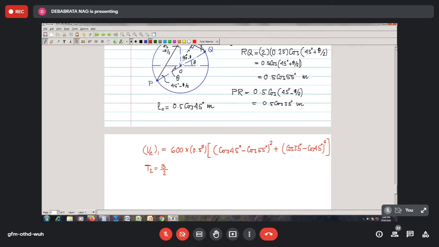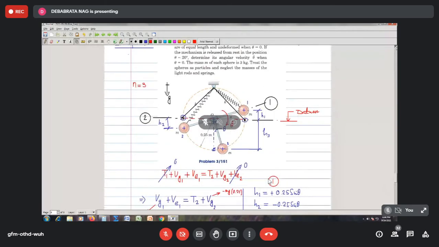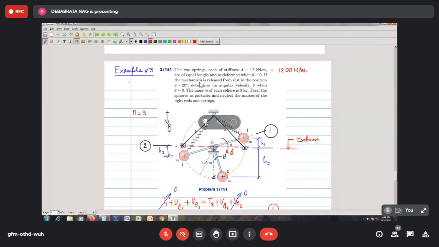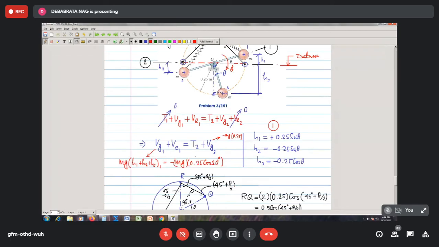M is how much for us in this problem? Now m is being given to be equal to 3 kg. 3 kg is being given. So we need to write that 3 kg term, right? So here actually, I have incompletely written this equation. So m is here. We need to put m in this equation, 3 kg. Okay. So in these two terms.